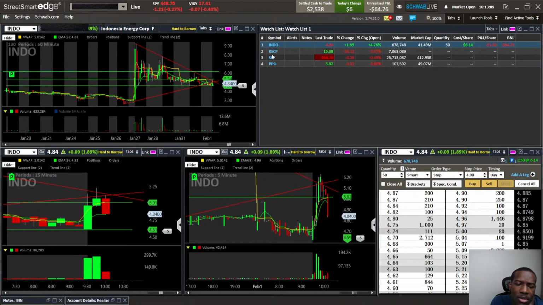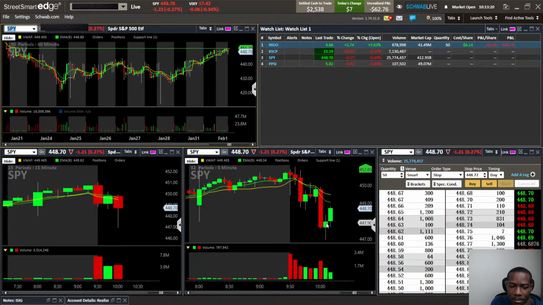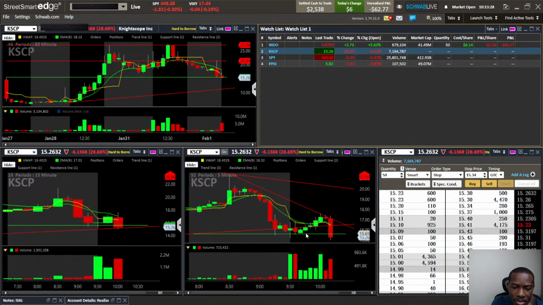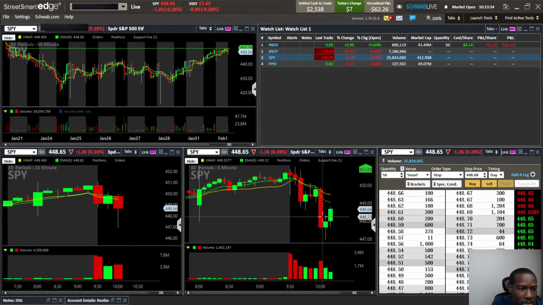This one also, oh, the SPY is also taking a little dive as well. Forgot to look at that. So it took a little dive, but it's getting back up there a little bit. So maybe some things will be able to hold up. But this dove way after the SPY though. That KSCP, the SPY dove at, what's this time?